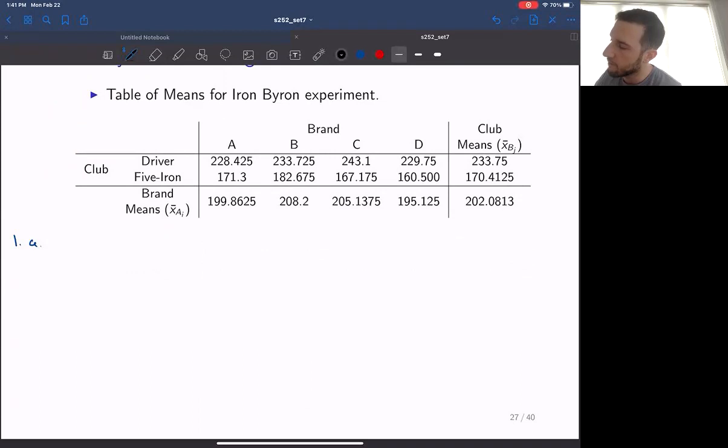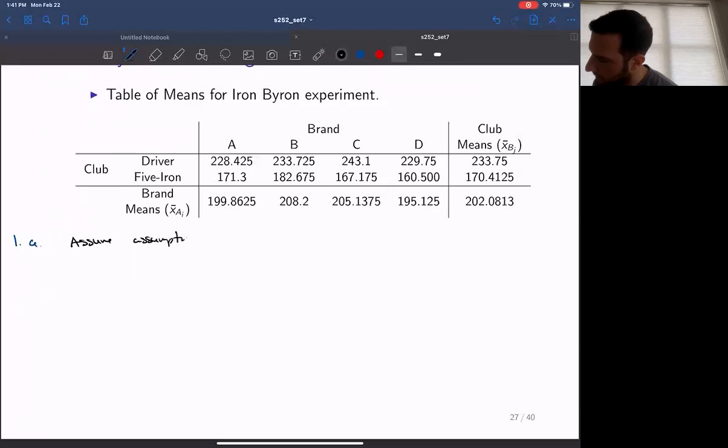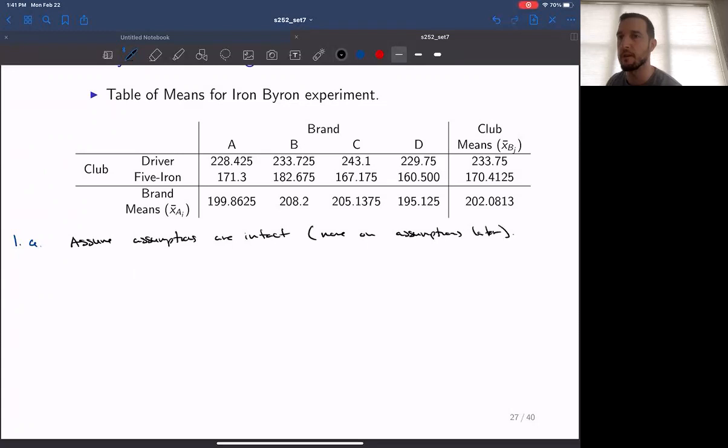So let's just assume for now that assumptions are intact. More on assumptions later. So for now, we're just going to work through examples of the testing procedures, but we'll talk about the assumptions a bit later.